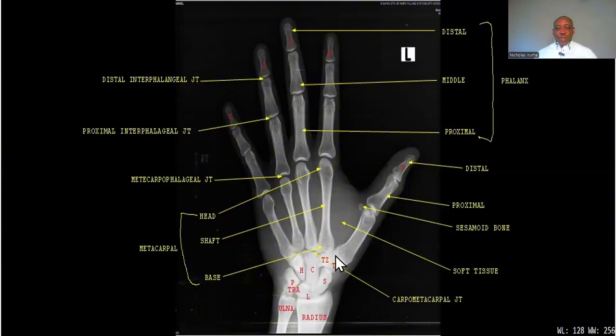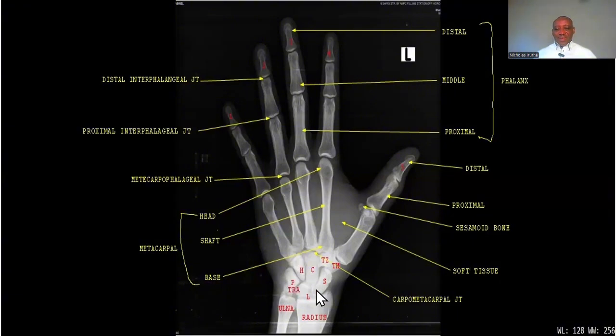So for you to remember this, you have a mnemonic that you can use. When we were in medical school, that's what we were taught. The mnemonic is: Sammy left the party to take Cappy home.